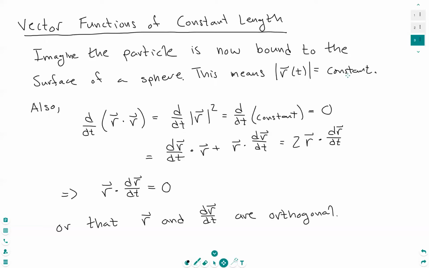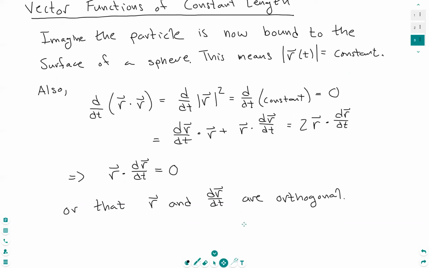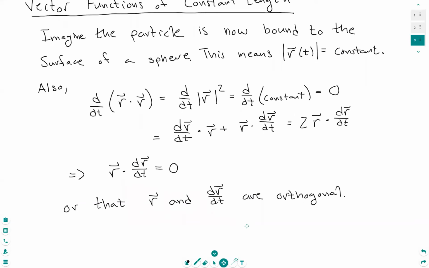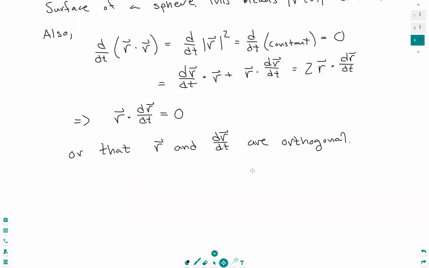And that's always going to be orthogonal to that r vector. It's always at a 90-degree angle between the position vector and my velocity vector, which is pretty cool. We're going to use this aspect later for some proofs as well.